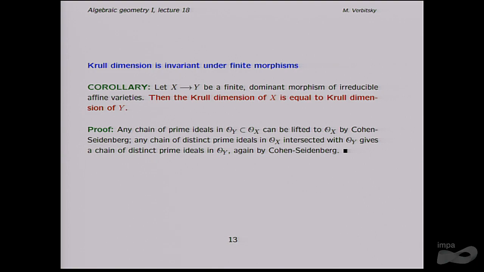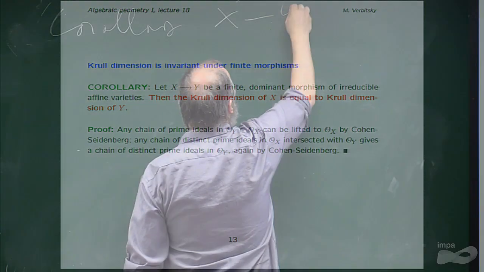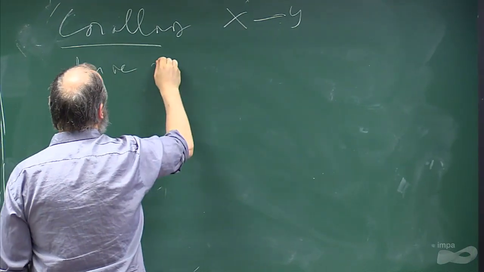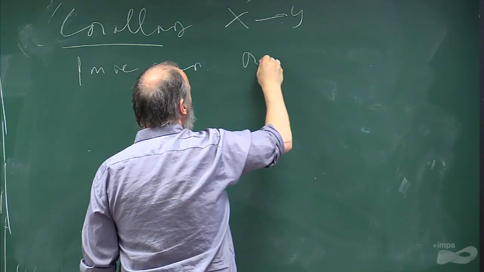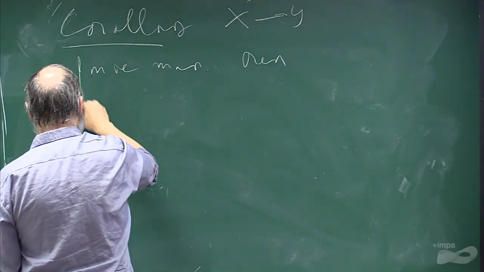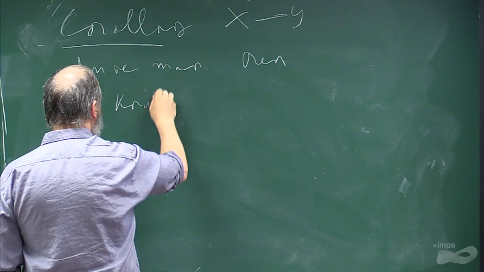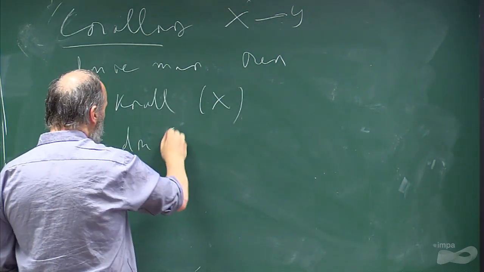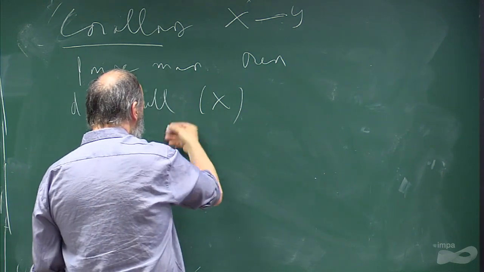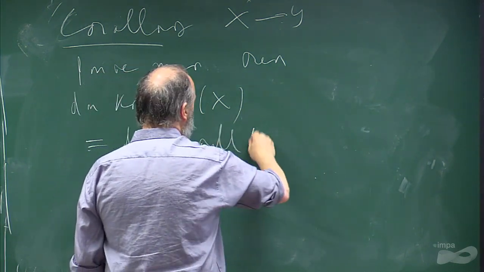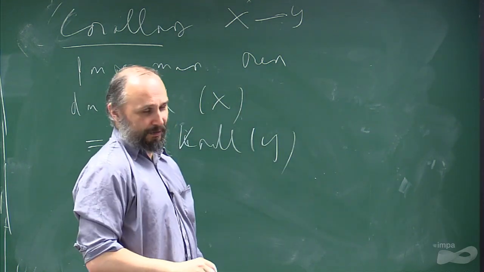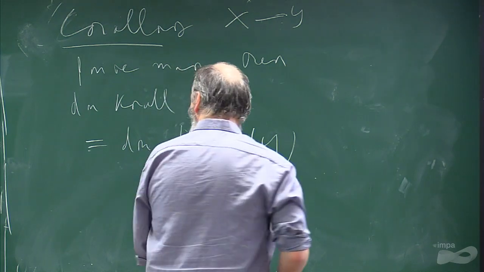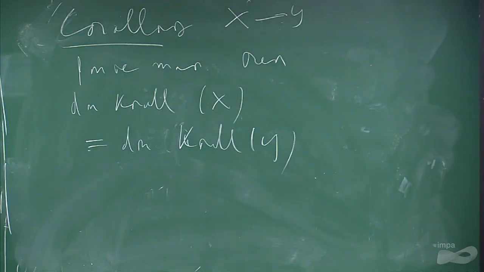Suppose you have a finite map from X to Y. Then the Krull dimension of X is equal to the Krull dimension of Y. Why is it so? There's essentially nothing to prove. The Krull dimension is the maximal length of a chain of prime ideals.